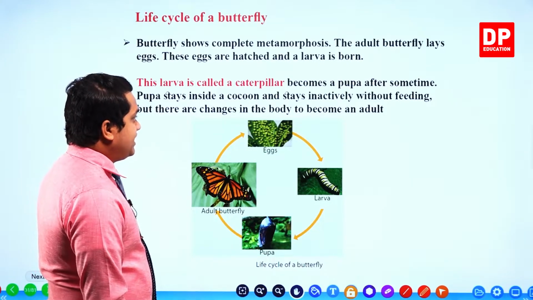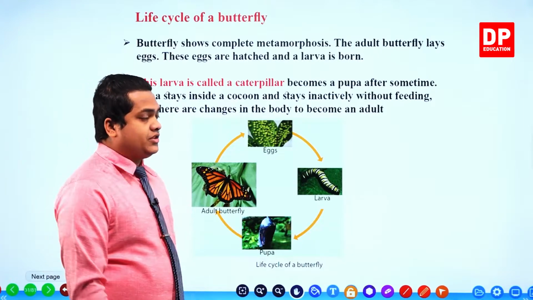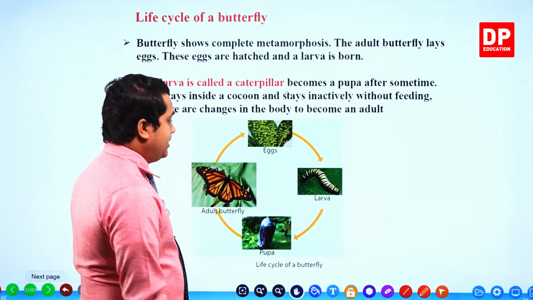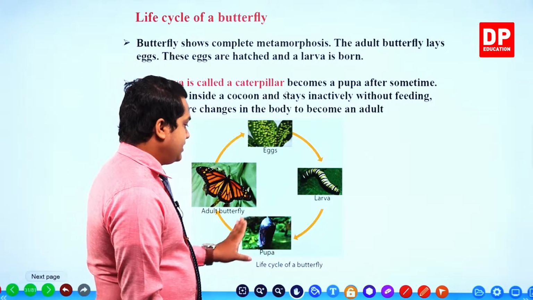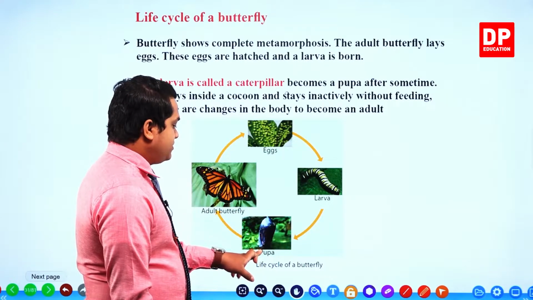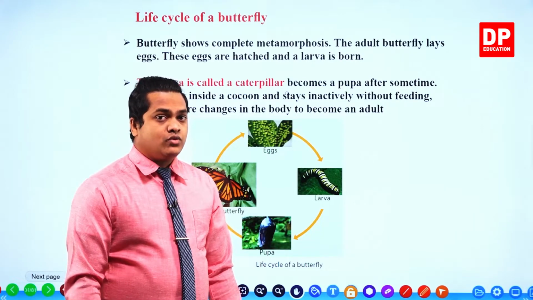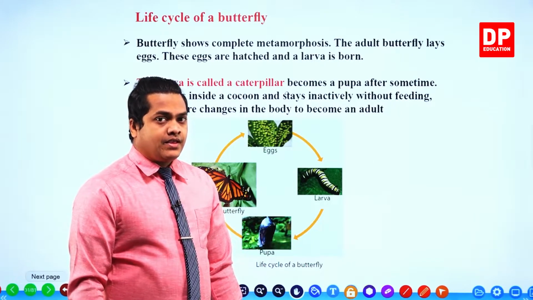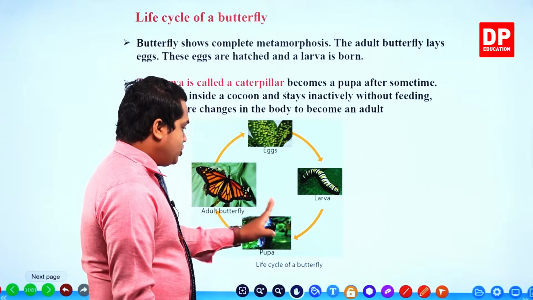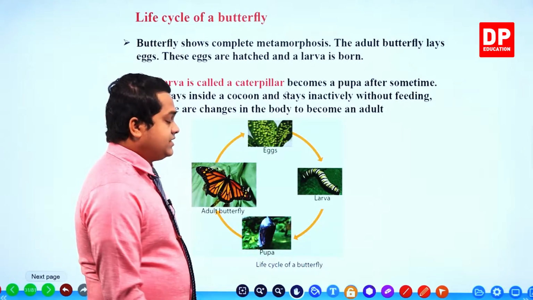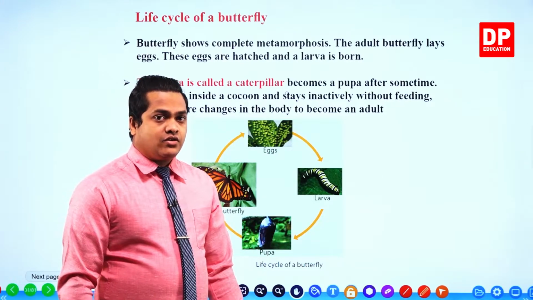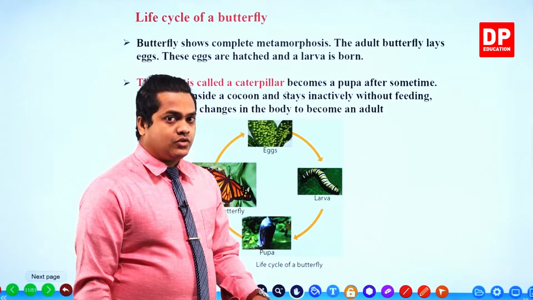Cocoon means an inactive stage, my dear children. I told you about that, right? Cocoon means it's like an enclosed system. So this pupal stage is also referred to as the cocoonal stage, right? This enclosed structure is the cocoon.